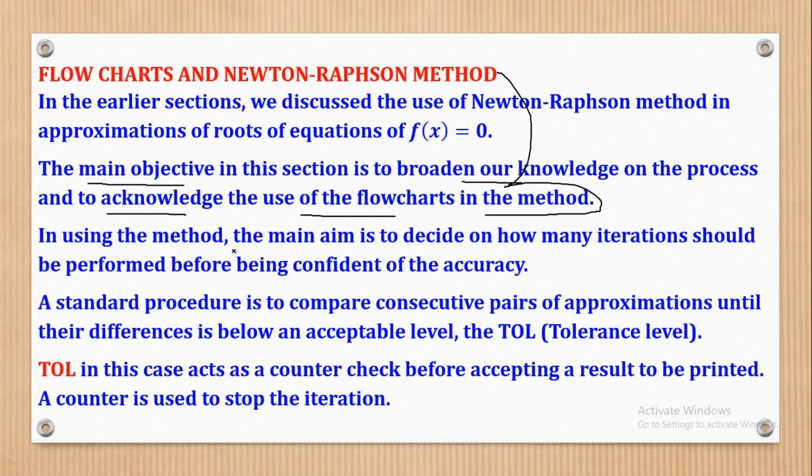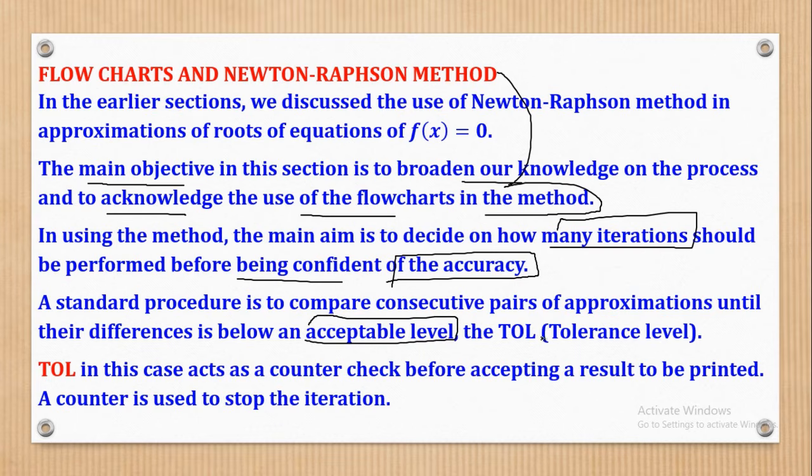In using this method, the main aim is to decide how many iterations should be performed before being confident of the accuracy. A standard procedure is to compare consecutive pairs of approximations until their difference is below the acceptable level. That level is known as the tolerance level.